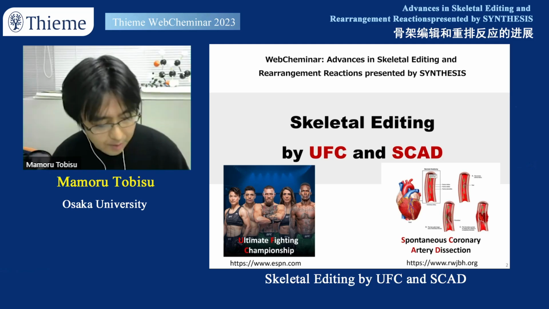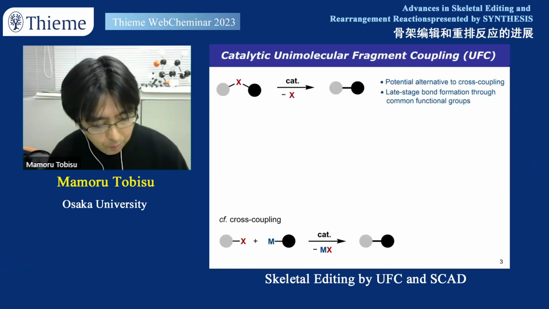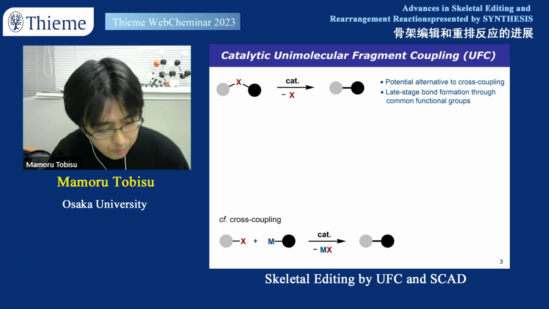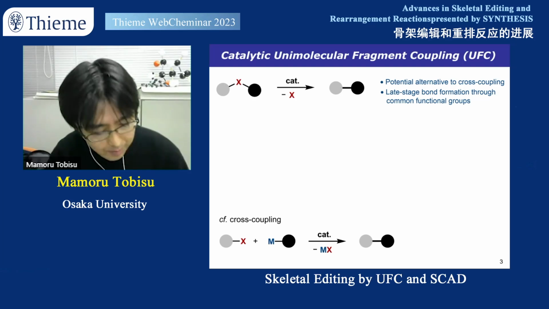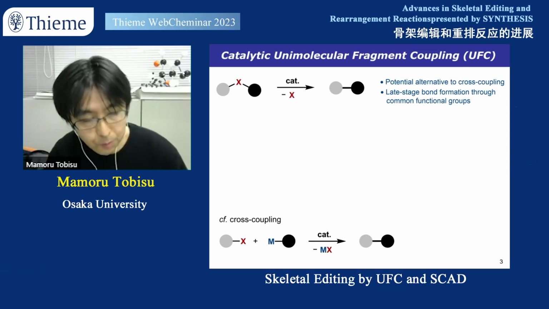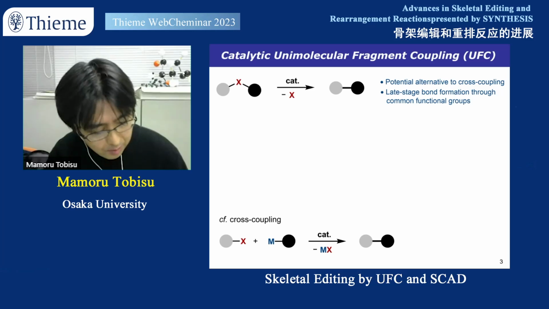Our UFC stands for unimolecular fragment coupling, and UFC represents a reaction format where an atom or a small molecule, described as X in this scheme, is eliminated from the middle of the molecule, and the rest of the fragments are coupled to form a new bond.